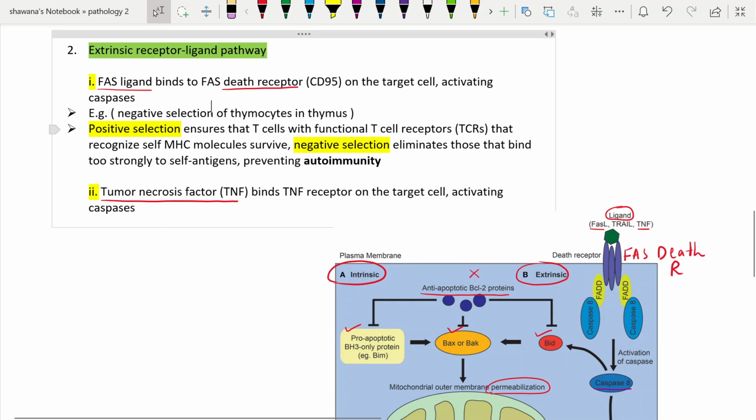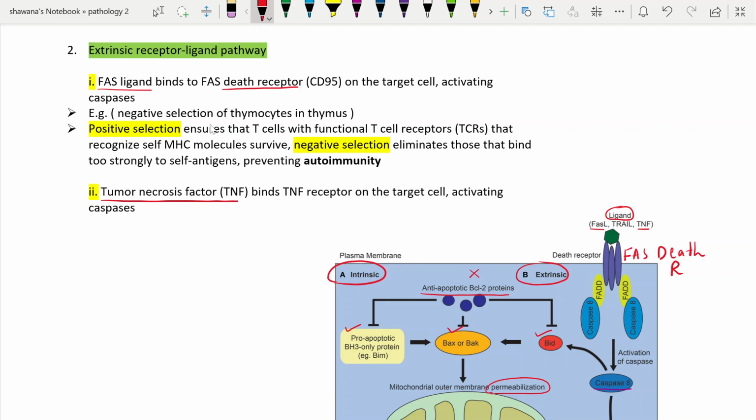What are some examples of the extrinsic receptor ligand pathway? It's the negative selection of thymocytes in the thymus. As you all know, thymocytes are T lymphocytes that are activated in the thymus.